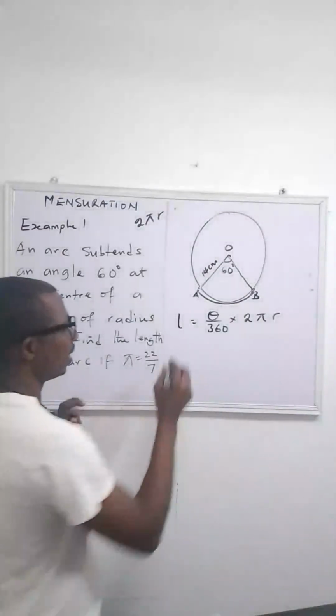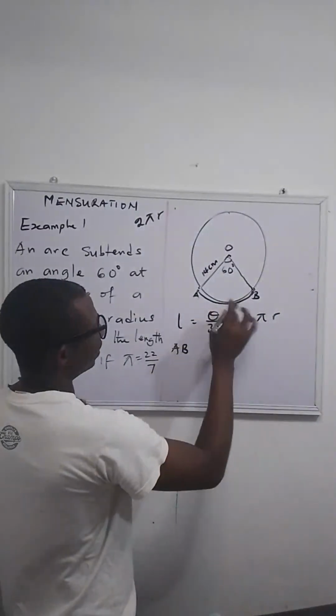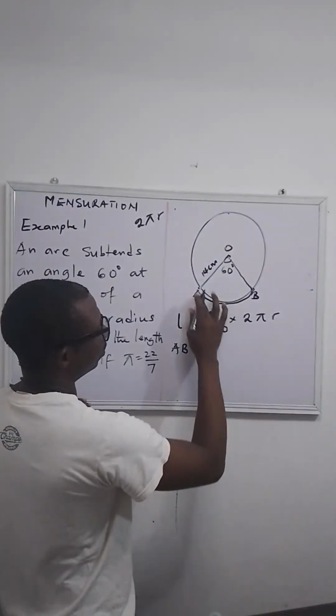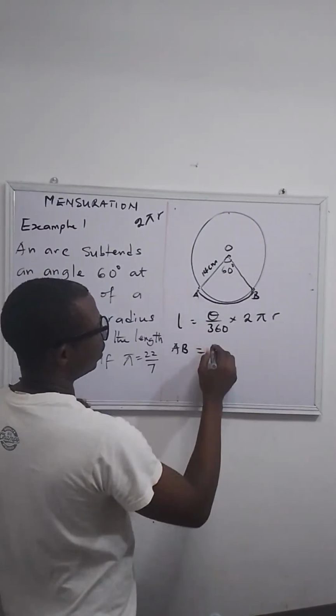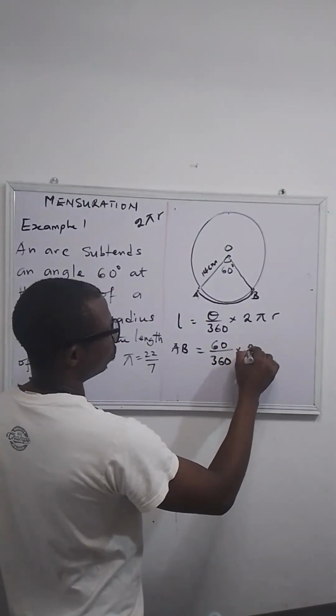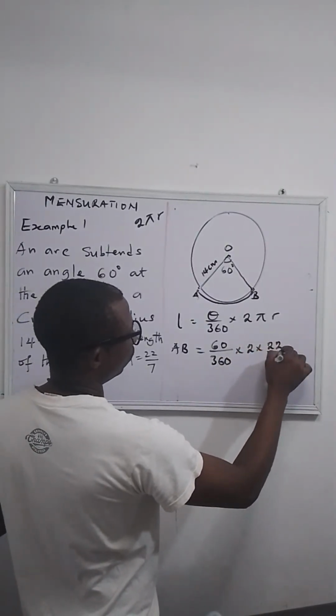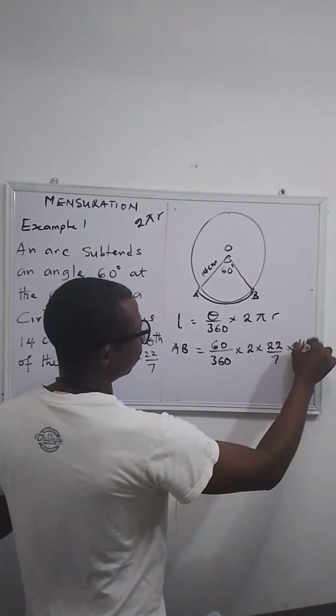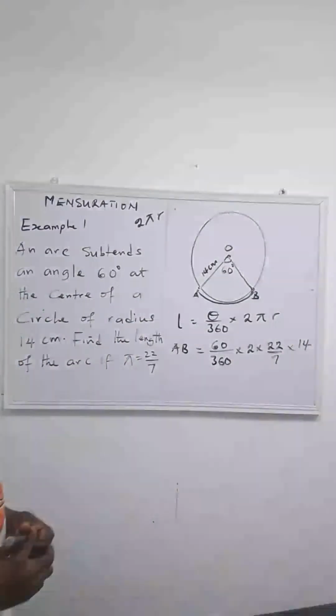So we now say the length AB is the angle, 60 over 360, times 2 times 22/7 times 14. R is 14.